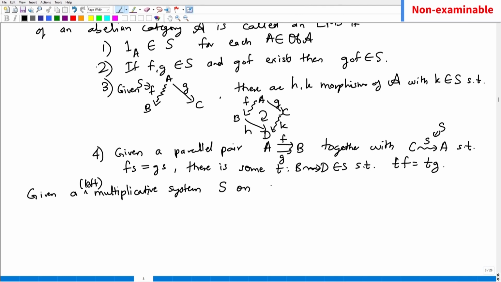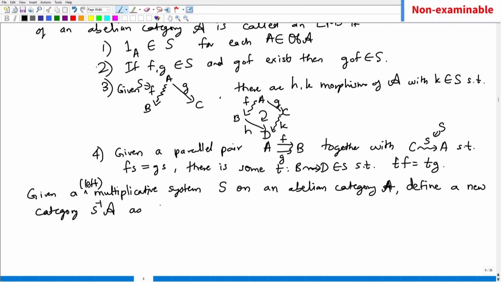Given a left multiplicative system S on an abelian category A, define a new category S inverse A as follows.